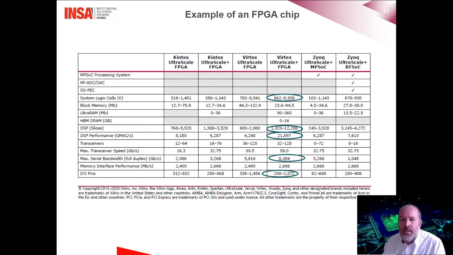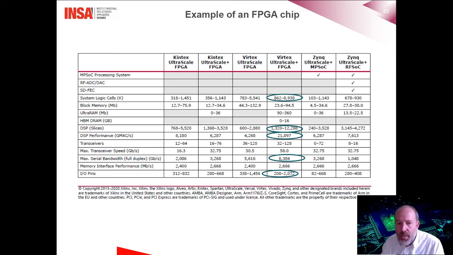We can see here that it can go for the largest FPGA up to 2,288, which is huge. The performance in terms of giga multiply-accumulate per second reaches more than 20,000 for the Virtex UltraScale Plus. These circuits also feature a high number of transceivers, which correspond to very high-speed input-outputs that can reach 8,000 gigabits per second.